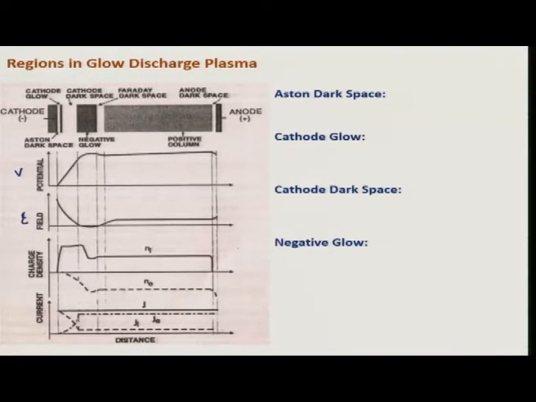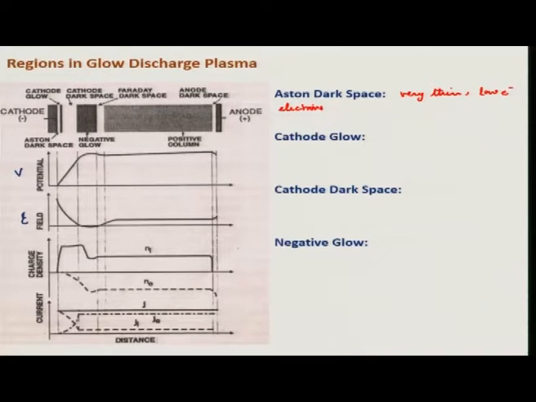Okay. Now, if we start from the cathode, which is our negative electrode, the first region we have is called the Aston dark space. Now, this Aston dark space is very thin, okay, and it contains very low energy electrons.